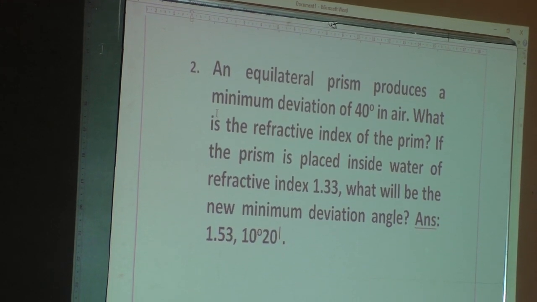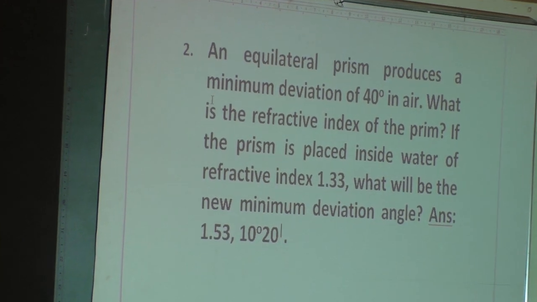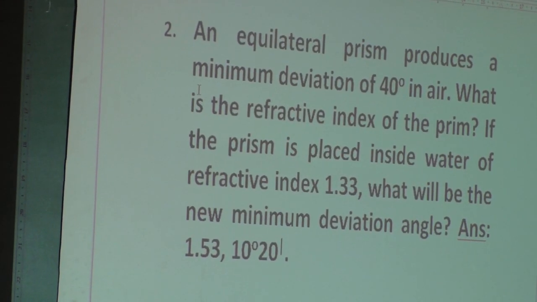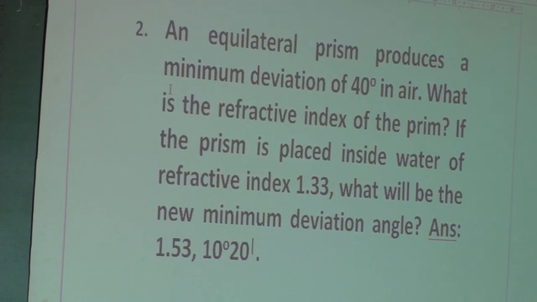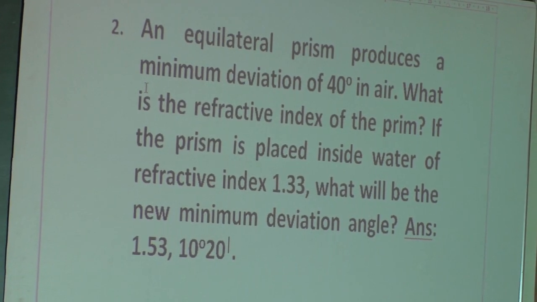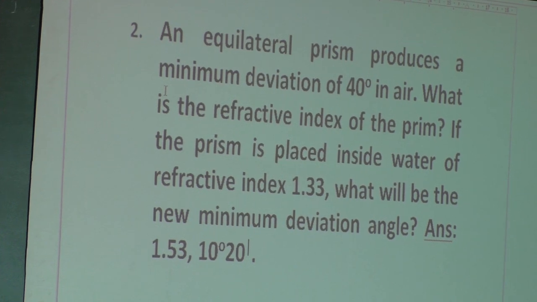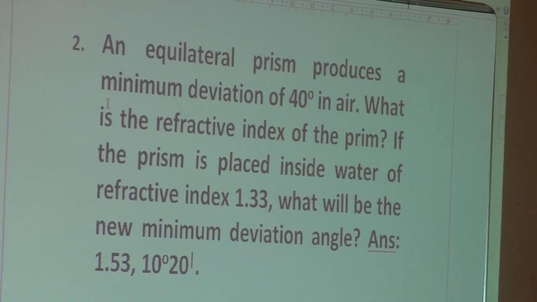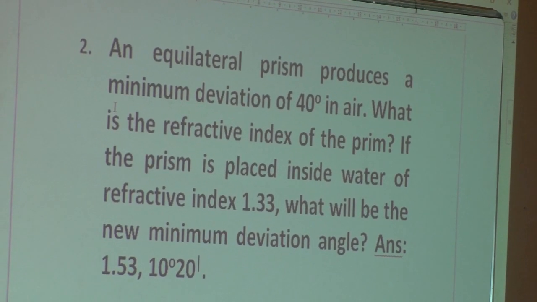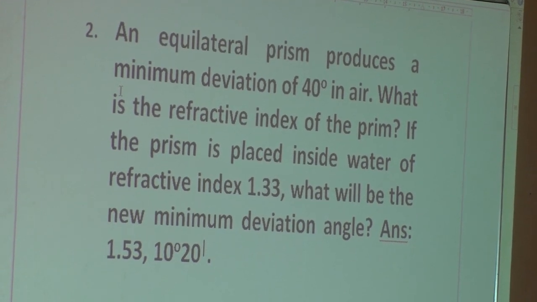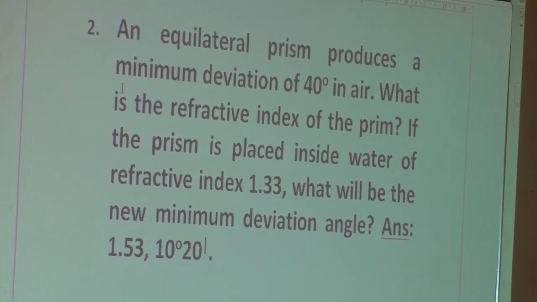What is the refractive index of the prism? This is a minimum deviation problem. We have not solved such problems. If the prism is placed inside water of refractive index 1.33, what will be the new minimum deviation angle? An equilateral prism is placed and it produces a deviation of 40 degrees in air. What is the refractive index of the prism?